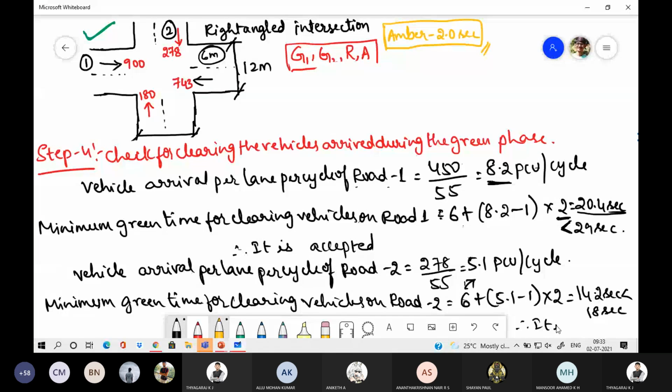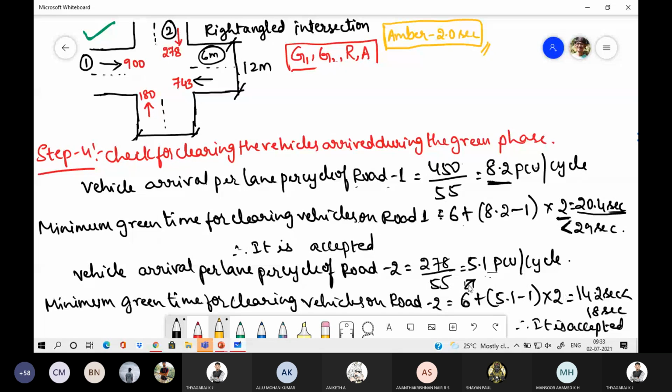Therefore, it is accepted. So remember the vehicle arrival pattern. Whatever design traffic we have considered divided by the total signal time, we get 5.1 PCU per cycle. That is, in one cycle we can move 5 PCU. Then minimum green time is 6 plus 5.1 minus 1 into 2.